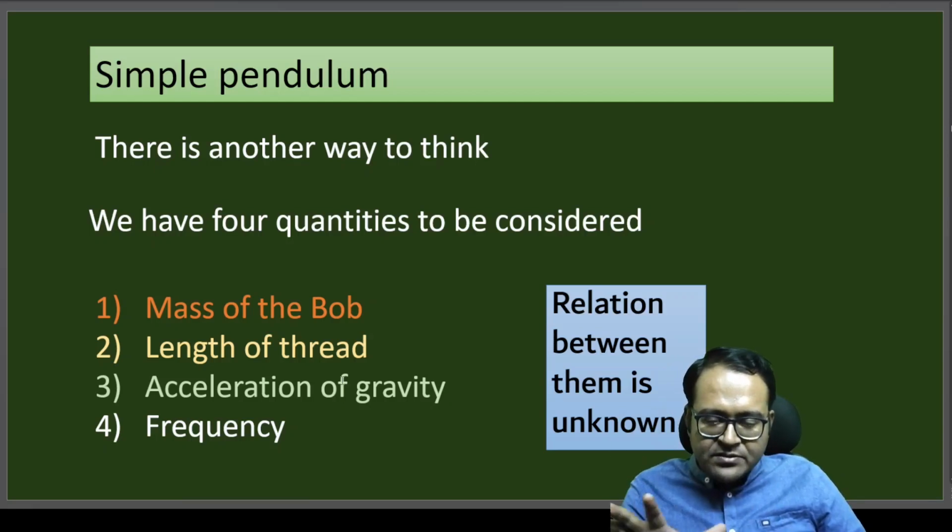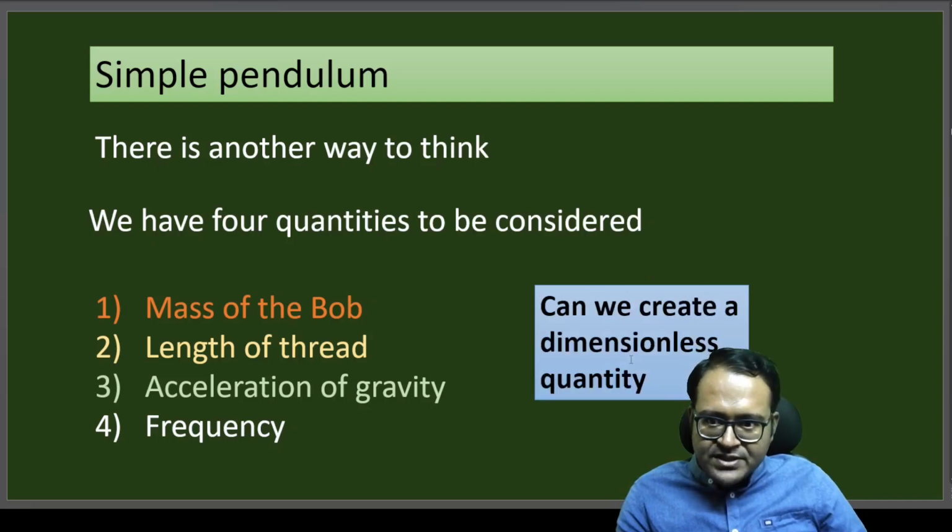You are not taught in this way, but you know the history of dimensional analysis. We started in this way. So I say that the relation between them is unknown, so we need to find a relation between these four quantities.